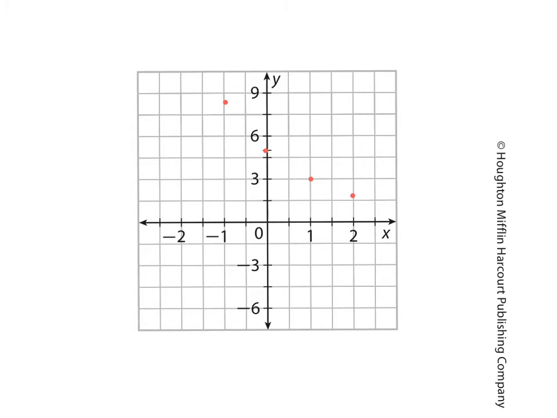Okay, and then let's see, at 3 it's 1.08, so that's going to be, I don't know, somewhere like down right there. So there's our function, and then all we do is we connect those. Okay. And put our arrows on it.